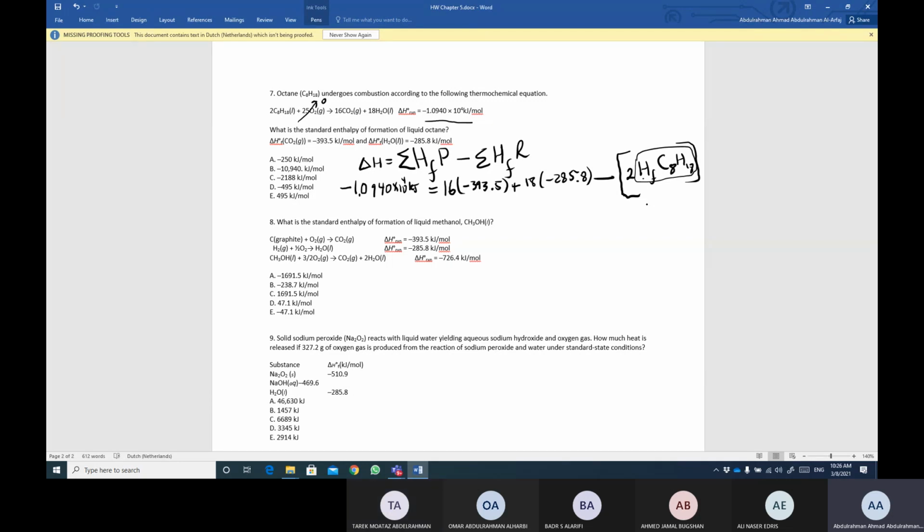Good. Number 8. What's the standard enthalpy of formation of liquid methanol? So we want liquid methanol from this reaction. We want the standard enthalpy of formation. How can you do that? By Hess's law. First, put the reaction. Why?